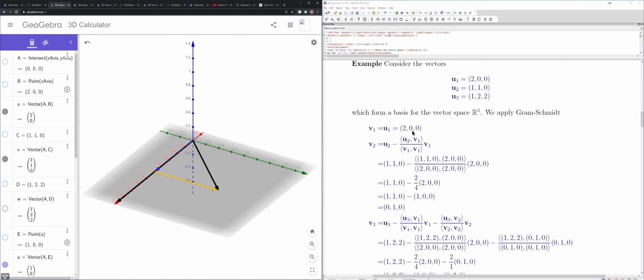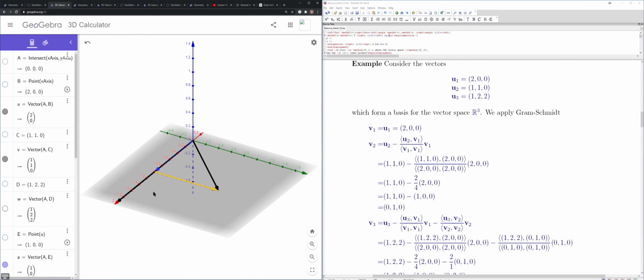By subtracting that projection from U2, I'm getting rid of the component that is in the direction of U1, so I'm getting rid of this piece over here from U2. When I get rid of this piece, what I'm left with is this yellow vector here, and this yellow vector is in fact perpendicular to the U1, which is the V1.